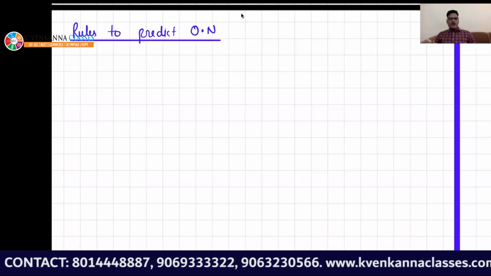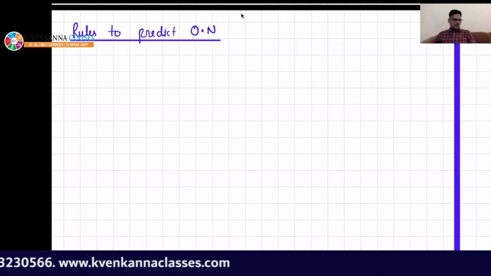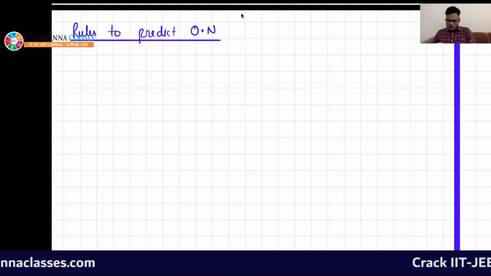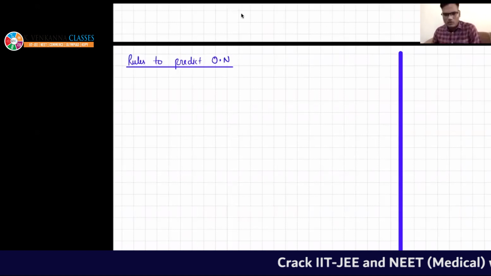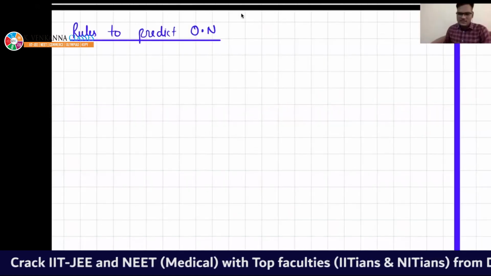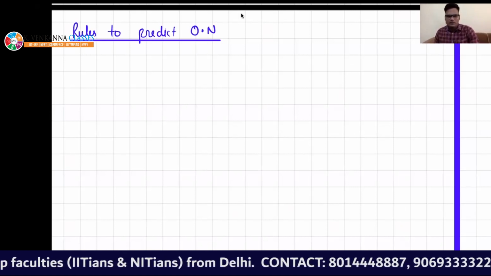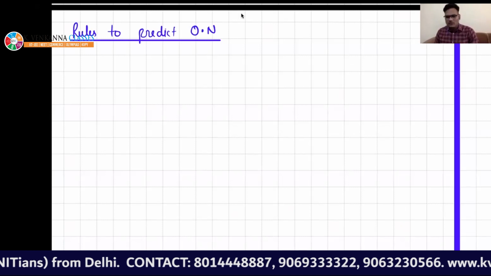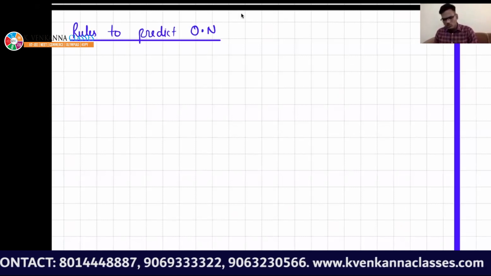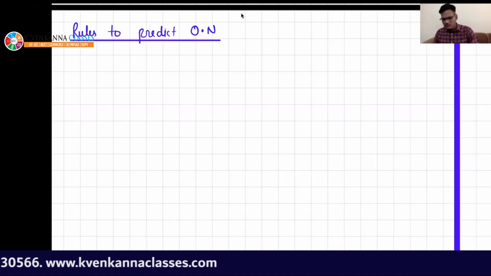Whenever there is a question, they ask a question almost every year, right? If there is a question that says predict the oxidation number of sulfur in the given compound, or hydrogen in the given compound, or fluorine in the given compound, then whatever rules I am writing, you need to follow them in a similar manner.